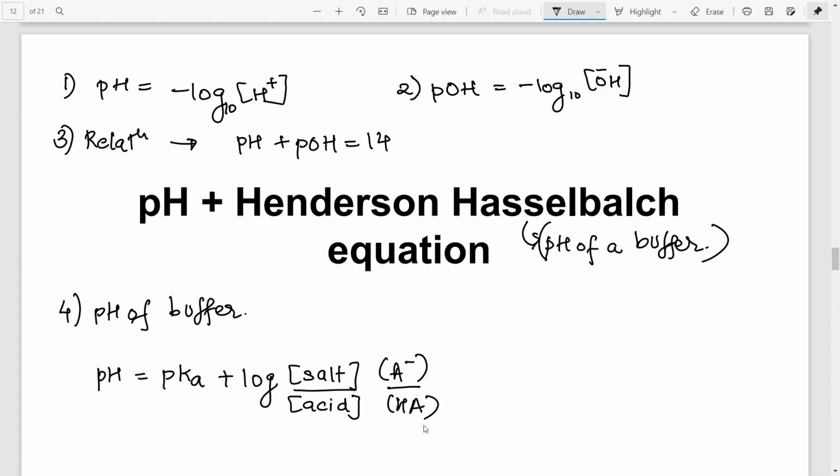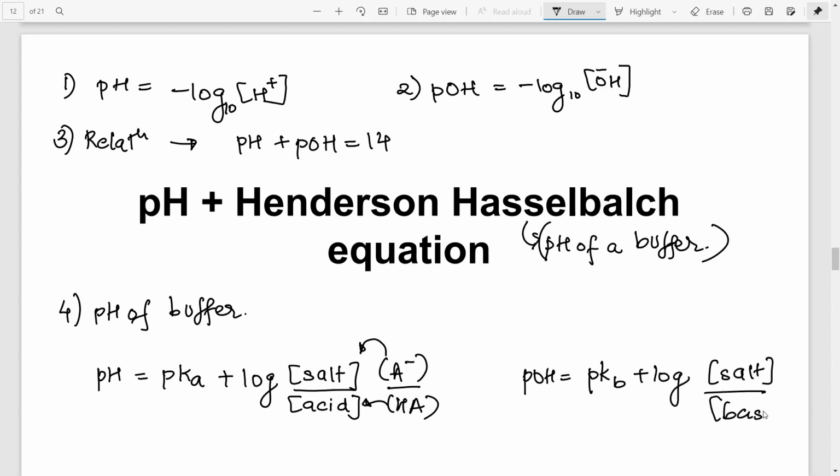This H plus will get released, so it is an acid, and A minus is the salt portion. Sometimes it is given like this as well. It means the same thing only. This is for pH. For pOH of the buffer, the equation will be pKb plus log to the base 10 of salt upon base.